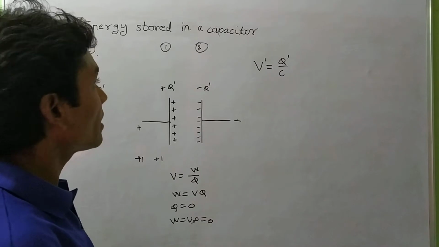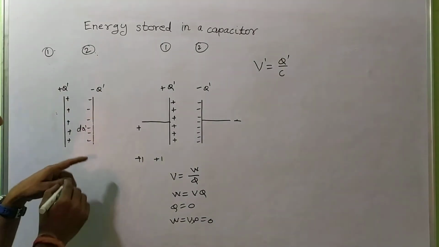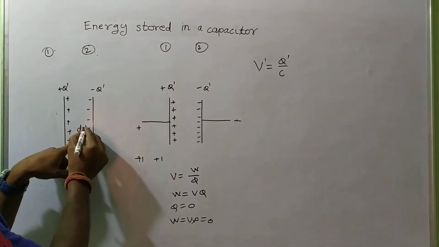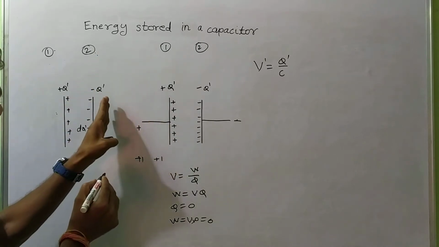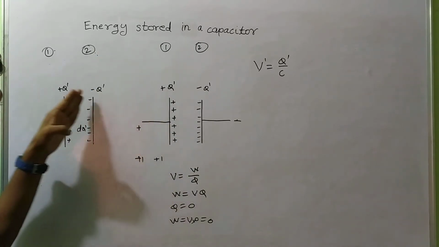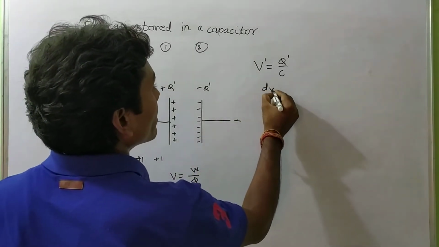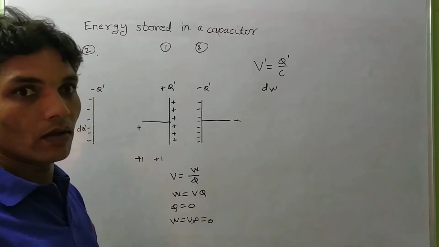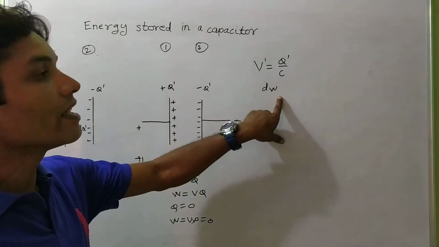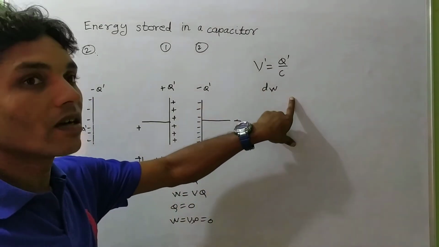Now a small charge plus dq dash is brought from the second plate to the first plate. A small work dW has to be done. We have to find dW.